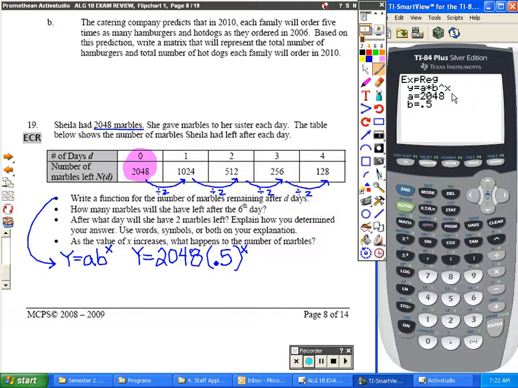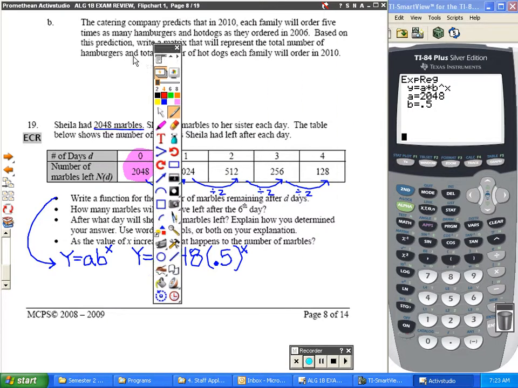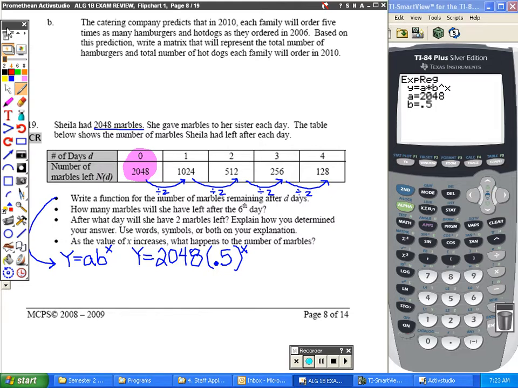Okay, let's start the next part. How many marbles will she have left after the 6th day? You can either do this by continuing the pattern, or you could just type it in. I think this is not too bad to do by hand, so I'm just going to finish it. So there's the 5th day, and then here will be the 6th day.